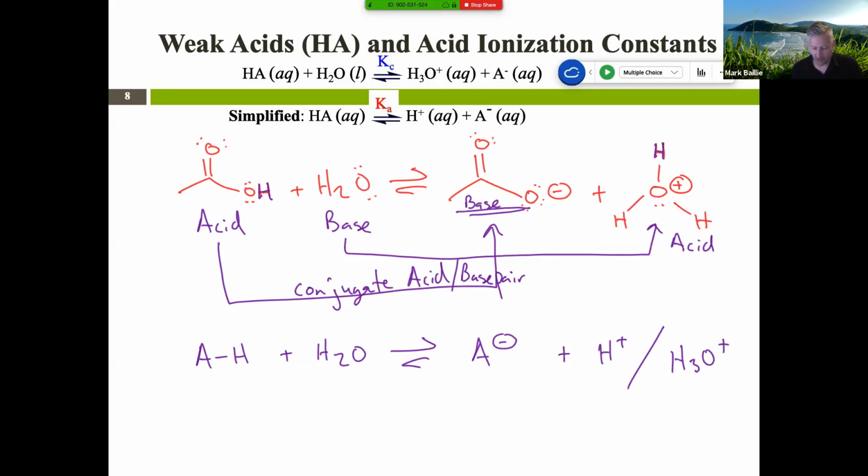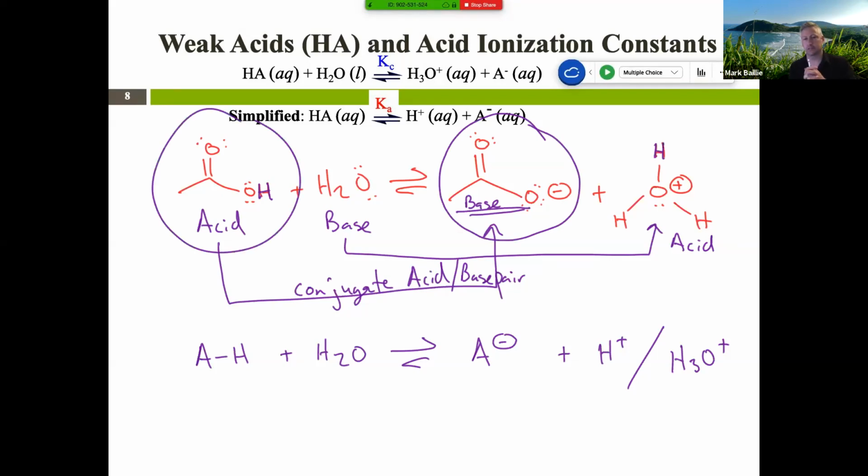The simplified version is that you have the acetate. In essence, acetic acid is an H plus ion attached to acetate. So we simplify that by saying anion and an H. And the bond that breaks is that bond right there.